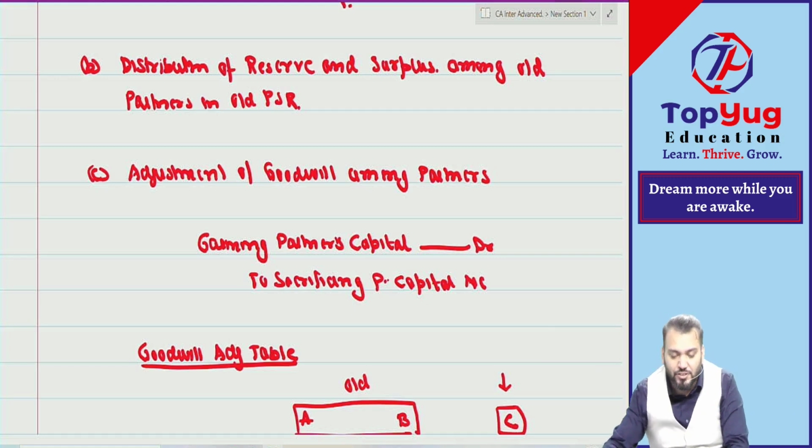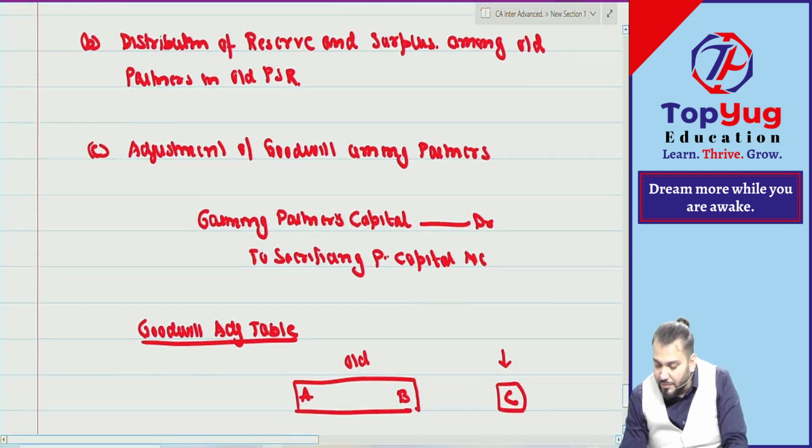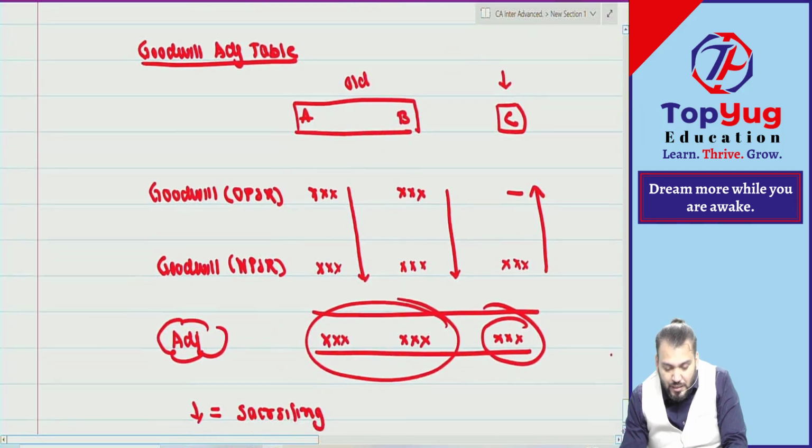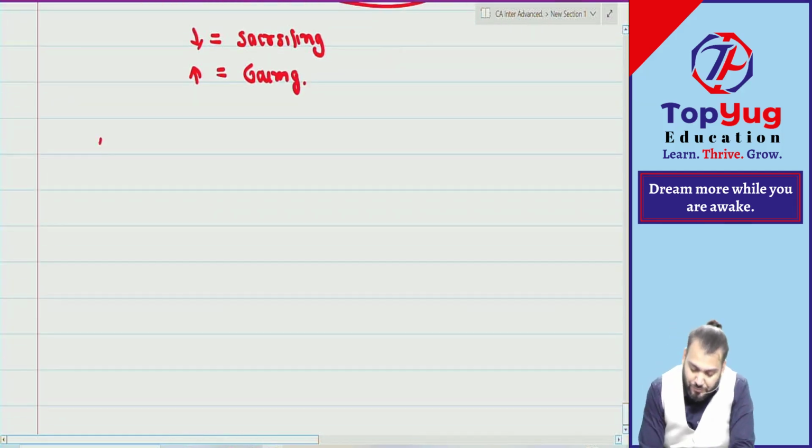This is known as the goodwill adjustment table. Then point number 4, what?